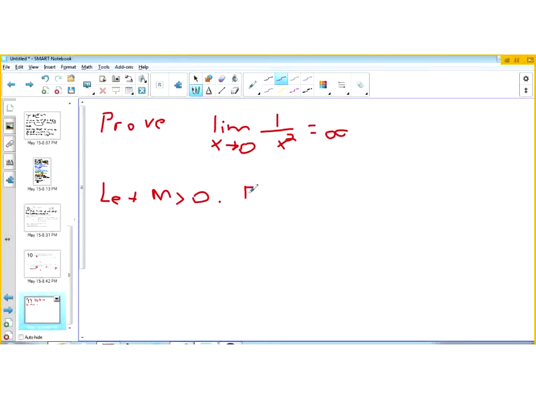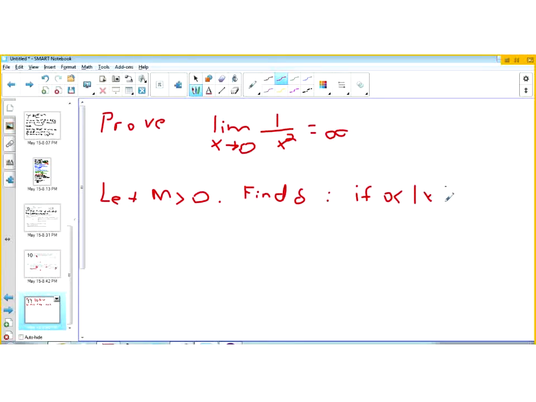All right, so we'll use the first definition from the previous note. So the way we deal with this is choose an arbitrary m greater than 0.